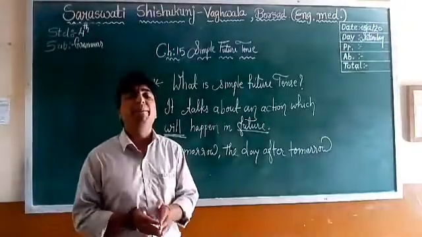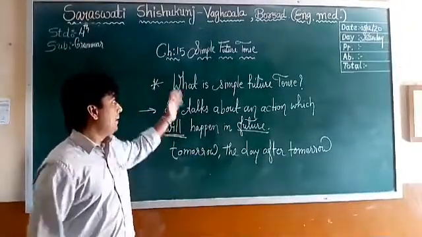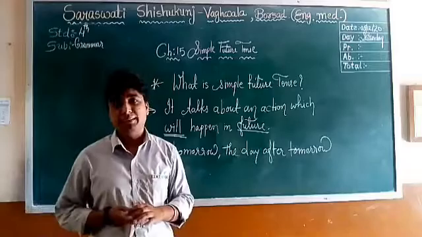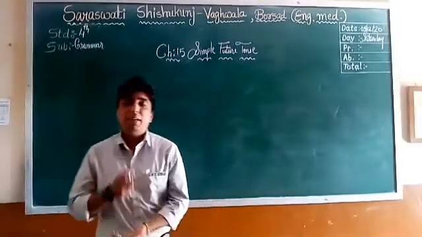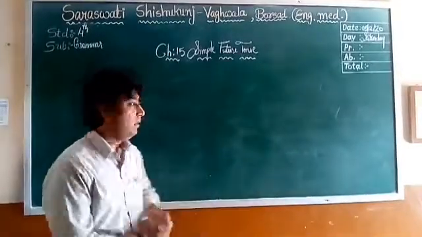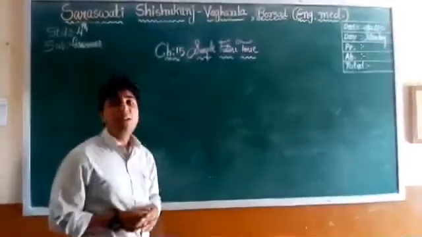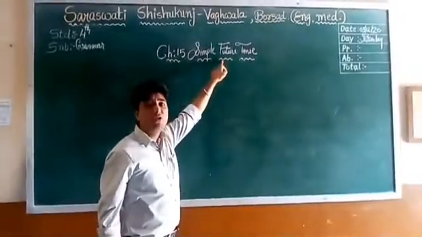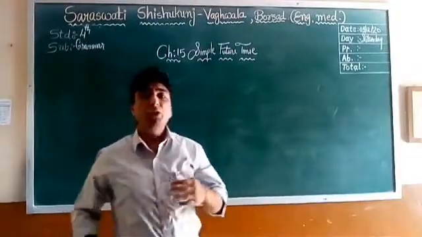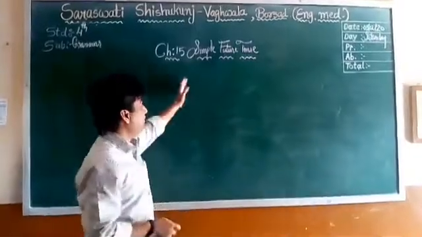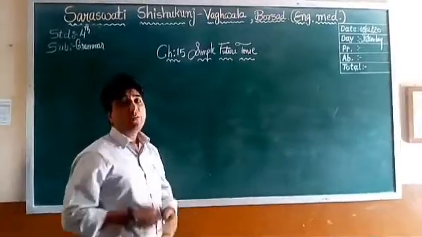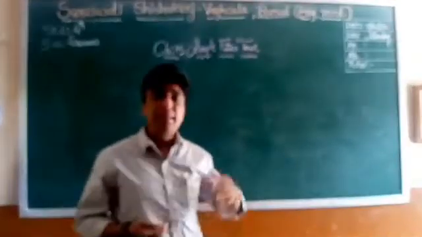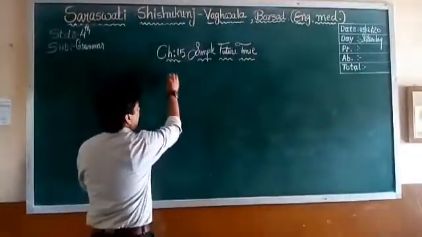How can we frame a sentence in simple future tense? Alright students, now we are going to learn the formation of simple future tense. Remember the word future. So what should be the formation? How can we frame the sentence in the simple future tense?